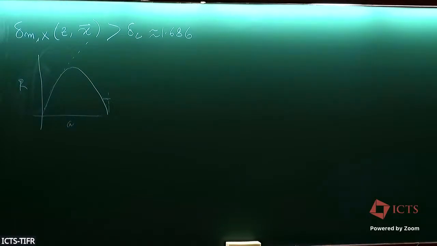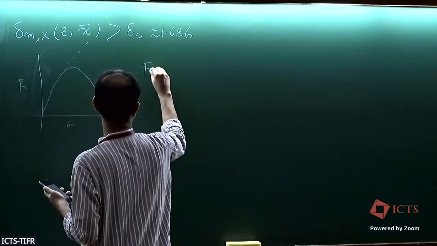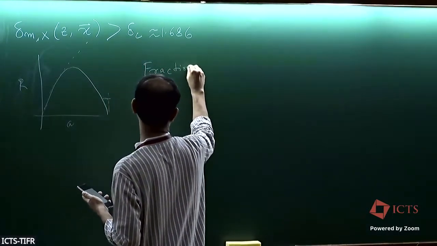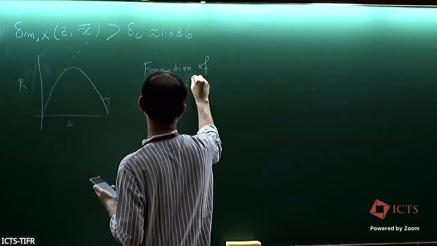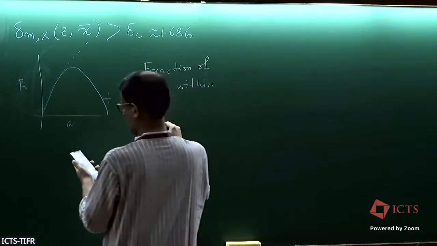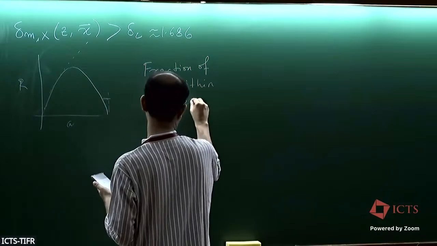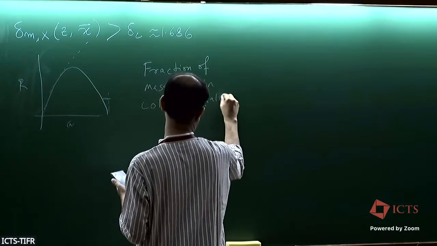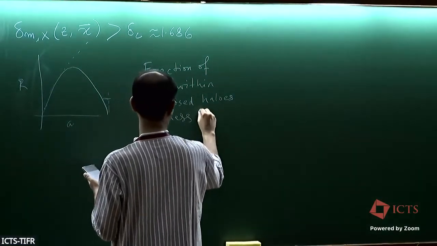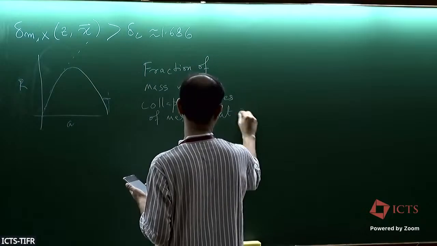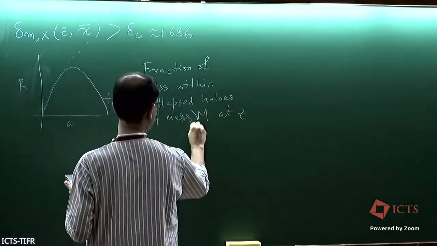So this led to this concept that I can calculate the fraction of mass within collapsed halos of mass greater than m at redshift z will be this.